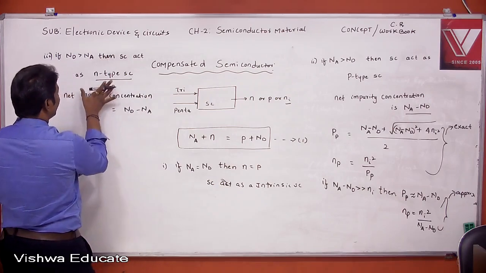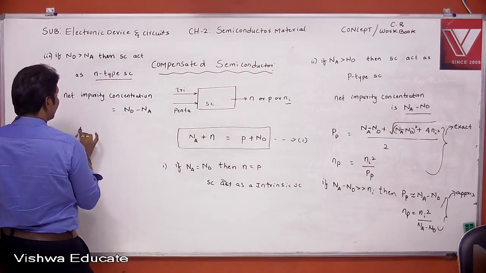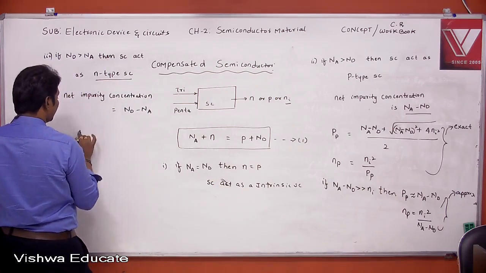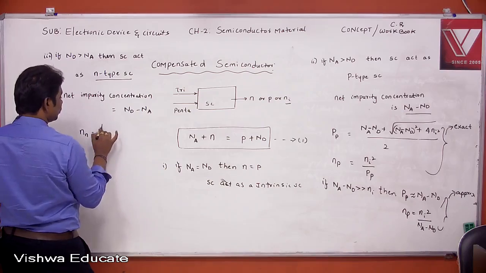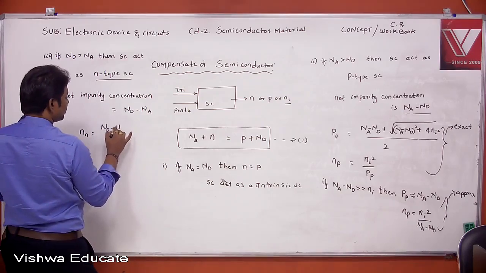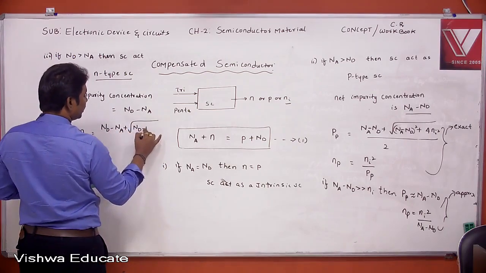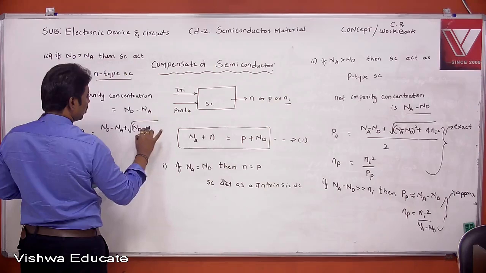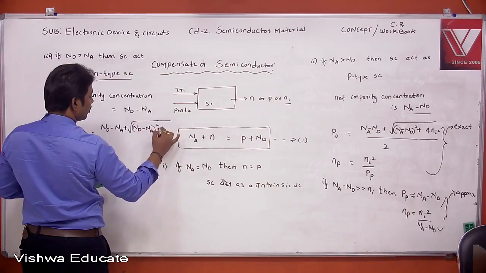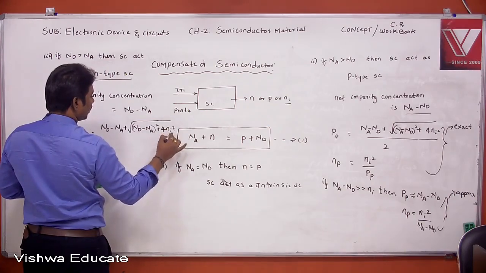Right. In case of compensated N-type, what are the formulas for majority and minority concentration actually? That is Nn equal to Nd minus Na plus under root Nd minus Na whole square plus 4 Ni square by 2.